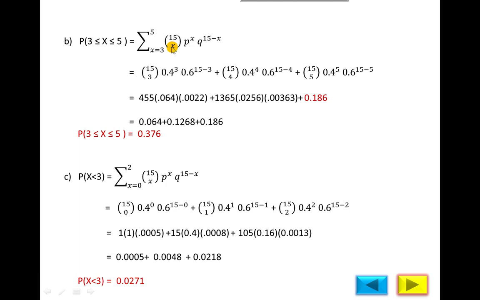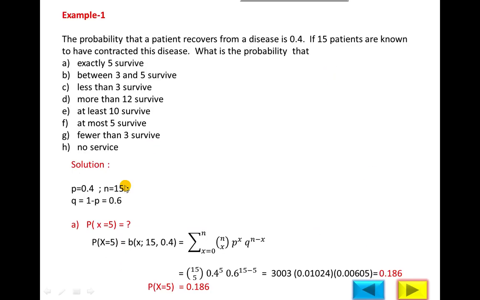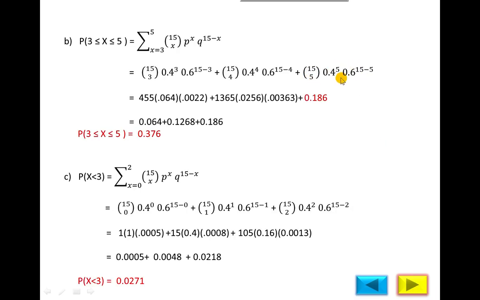We will substitute the value of X one by one, first 3, second 4, then 5, and simplify: 15 combination 3, 0.4 power 3, 0.6 power 12, plus sign, and simplify this term, this term, this term. The last condition is the same as the previous part, exactly 5. The probability is 0.186. You can use it in this question as it is. Simplify this, you will obtain the probability of 3 to 5 patients surviving, 0.376.